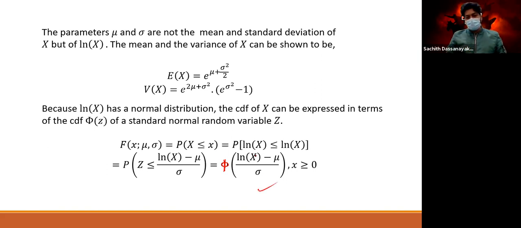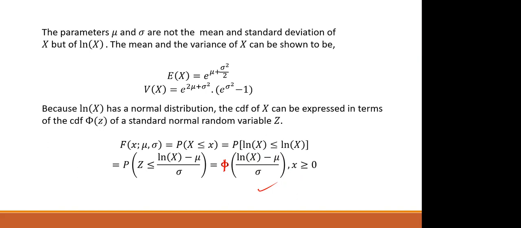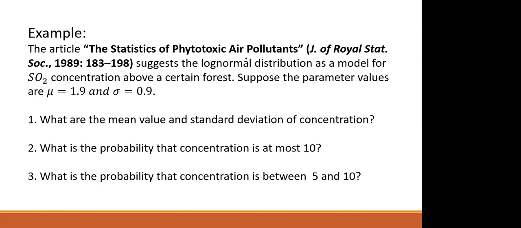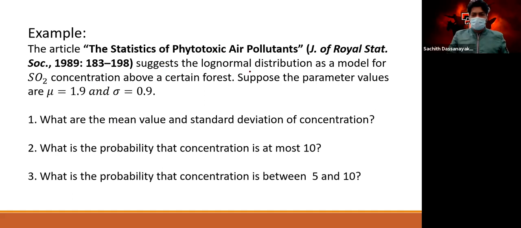Once you know the x value, you can take ln x minus mu over sigma. Mu and sigma came from the normal distribution. Check this example, then you can understand what I was talking about. We have a log normal distribution, sulfur dioxide concentration, mu and sigma given.